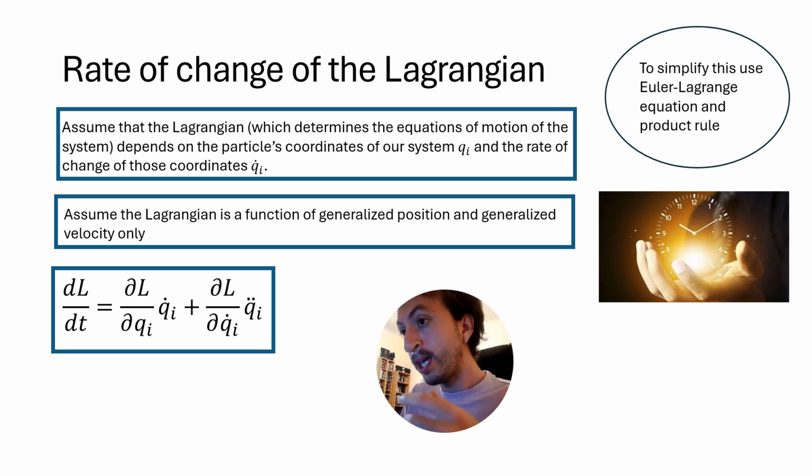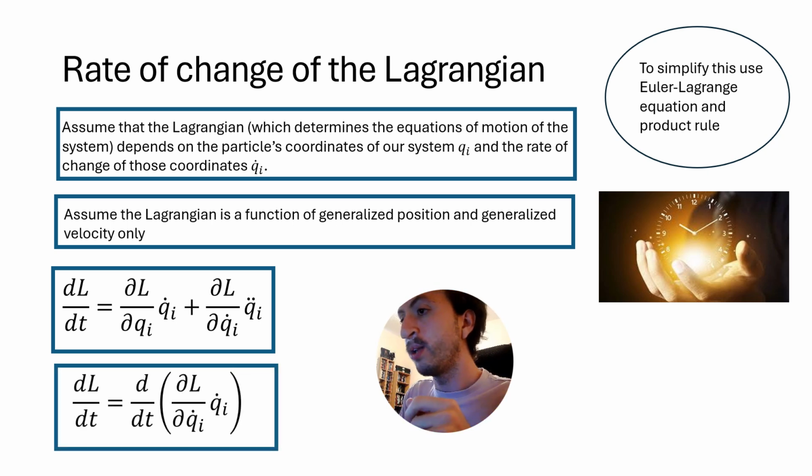And so doing that, we can now alter the first of our two terms on the right hand side of this equals into a partial derivative of the Lagrangian with respect to Qi dot instead of Qi. And then we can combine the two terms together. And when we do that, we end up with this expression.